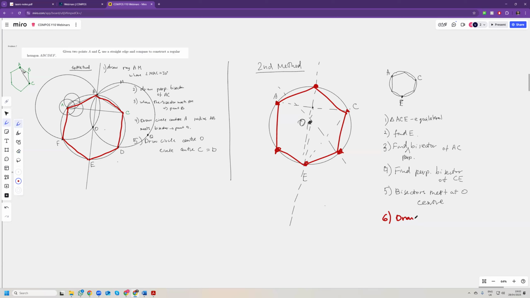Draw circle center O. 7. Find B, D, E, F by drawing circles.